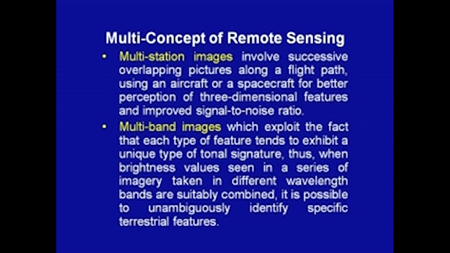Then multi-band images, which exploit the fact that each type of feature tends to exhibit a unique type of tonal signature. Thus, when brightness values seen in a series of images taken in different wavelength bands are suitably combined, it is possible to unambiguously identify special terrestrial features.